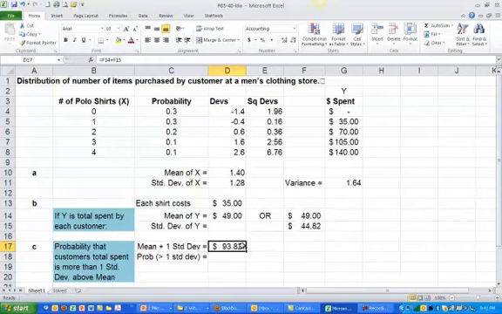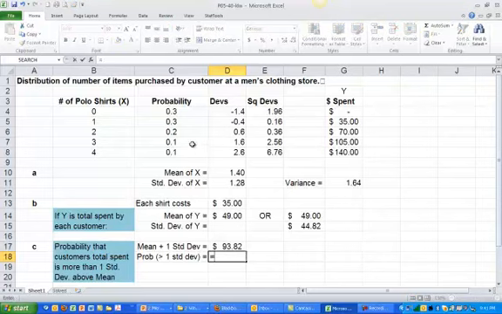And I can say, what's the probability, based on my variable y, that I would have a value that's greater than that? Well, the only values greater than that are 105 and 140. And I have the probabilities of each of those occurrences taking place. So all I need to do is to sum the probability of getting 105 with the probability of getting 140. Remember, in this case now I'm adding probabilities. I'm not adding my dollar values. And I get a probability of 0.2.